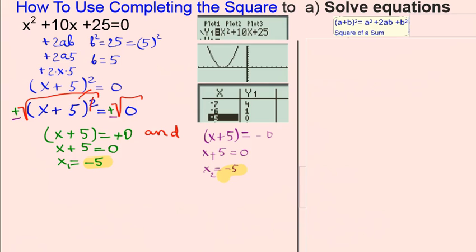Now I would like you to take a look at this equation and tell me how it is the same and how it is different from the one that we just solved.